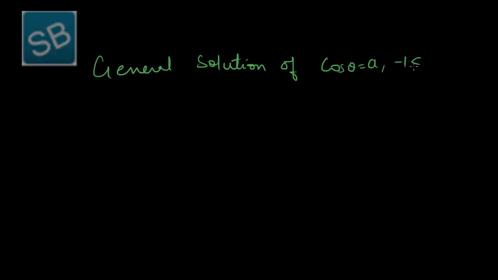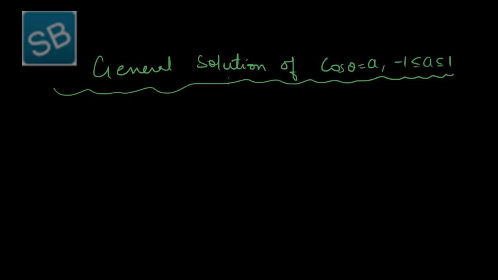Now the next is the general solution of cos theta is equal to A, where A is varying from minus 1 to 1. That is the range of the cos function.